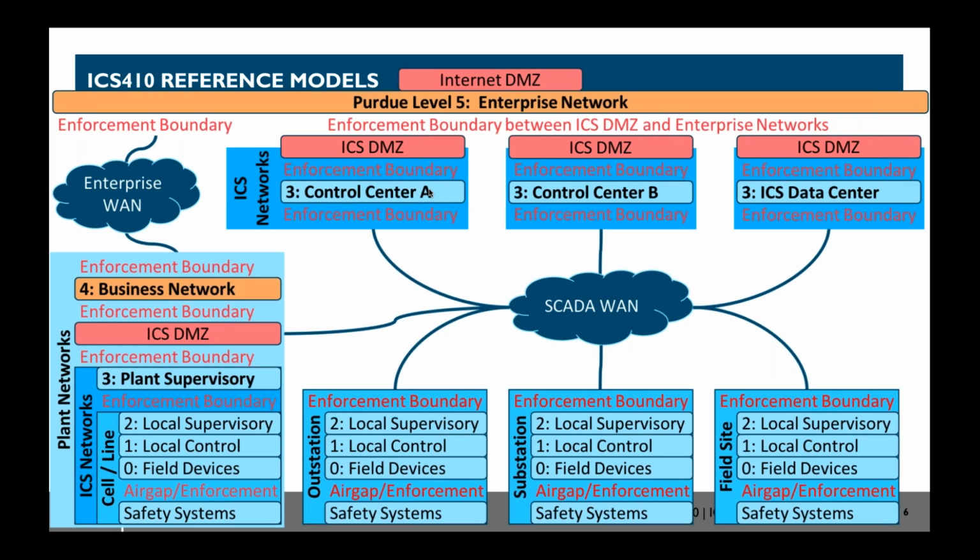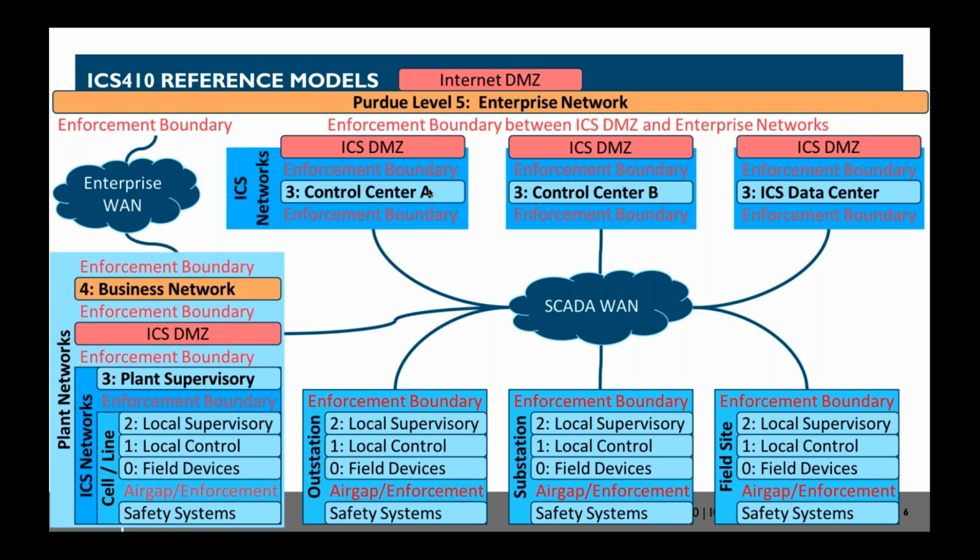And so if level 3 at a plant is a plant-wide network, when you look at SCADA architectures, that control center, which controls the whole regional SCADA infrastructure, becomes the level 3 or the SCADA-wide control level, right? So we generally say control centers are PURDUE level 3. If you have some type of an ICS data center doing shared services for your control infrastructure, that would also become a PURDUE level 3 type resource that's there, right?